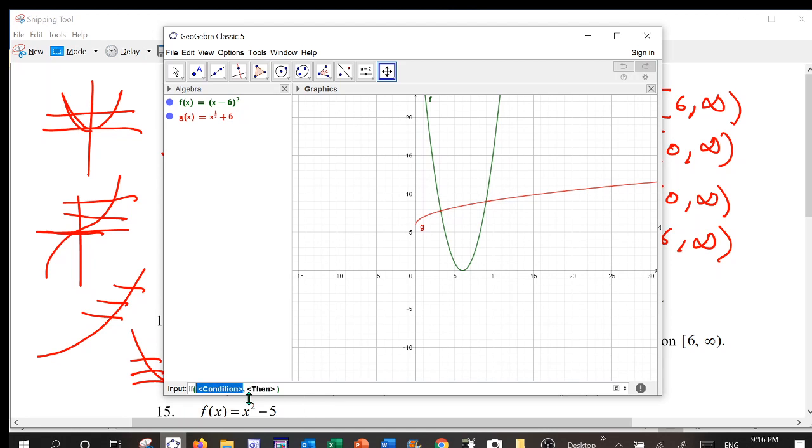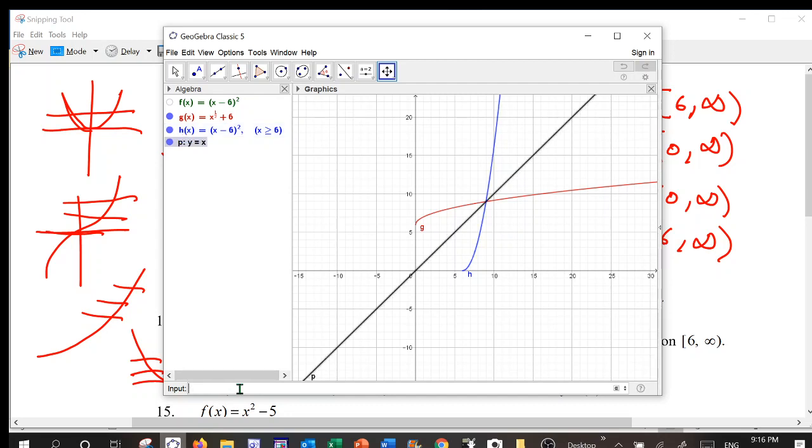So if condition, and the condition we're going to put x greater than or equal to 6. Then graph f, right? There. Now I'm going to turn off f, and you see, so that's the part of f that we like, and this is its inverse. And now if you graph y equals x, you see they're symmetric.